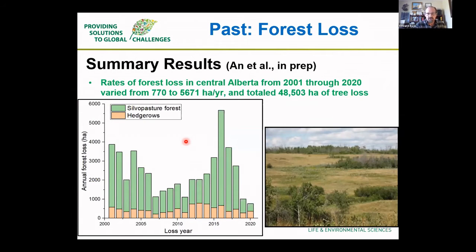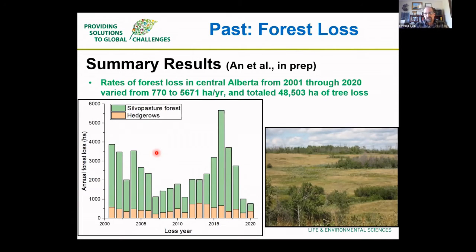So that's looking at what we've got out there now. Let's look backwards. Zhengfeng also pulled up data from the last 20 years. This is remotely sensed data, so aerial imagery, and was able to map out rates of forest loss. This graph on the left basically maps out the amount of annual forest loss.